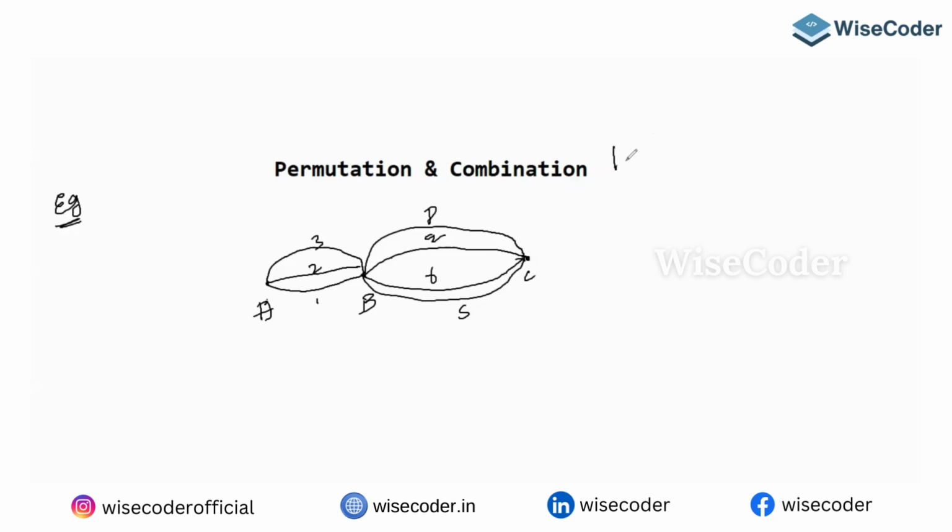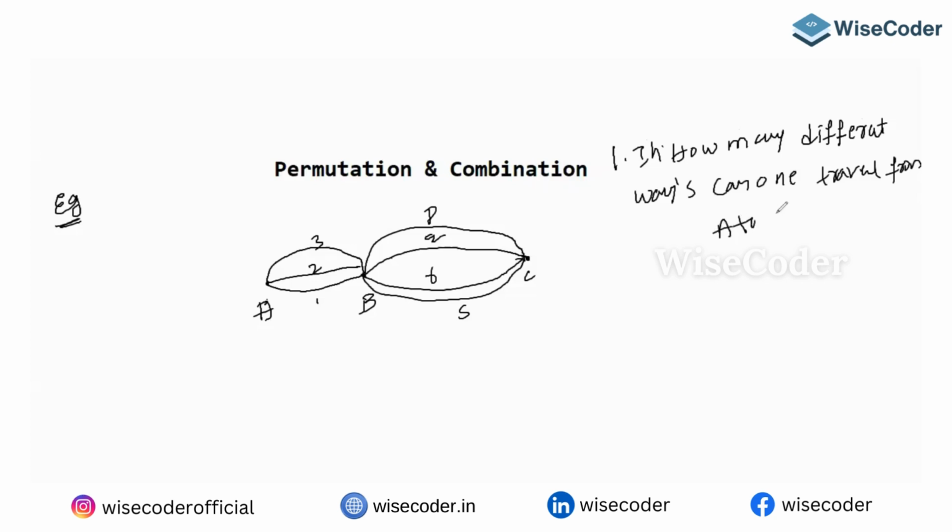They'll ask you questions. Question number one: in how many different ways can one travel from A to C?